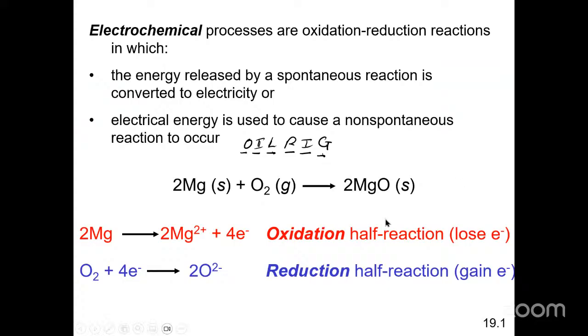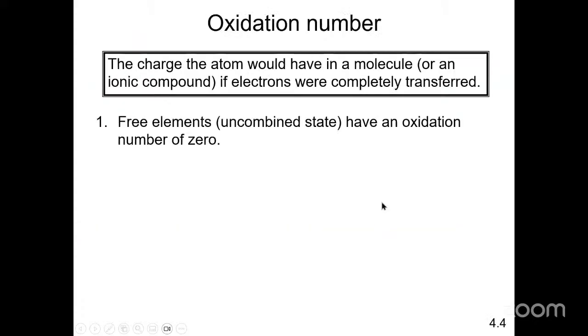Okay, so just to review, we find the use of oxidation numbers very useful for telling whether or not a reaction is a redox reaction. The oxidation number of an atom by itself or in a compound is defined right here.